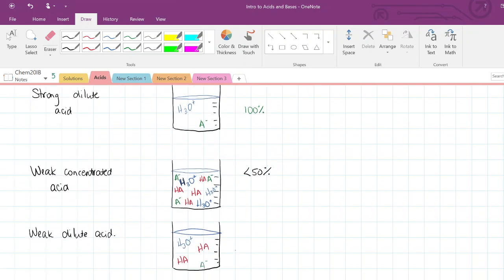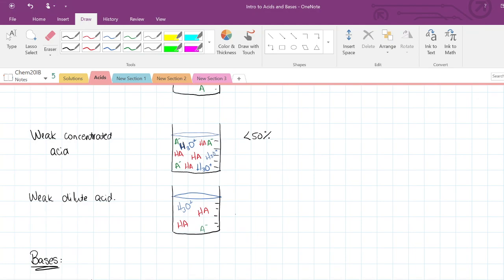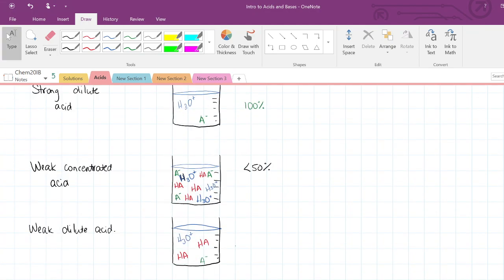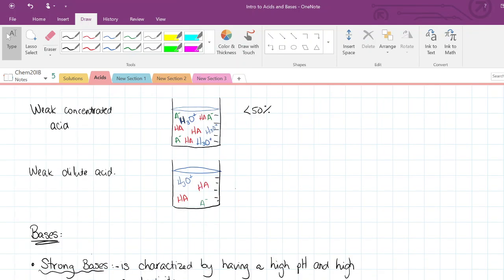Now the weak concentrated acid, if you notice here, we've got hydronium, yes, we've got anion, but we also have our molecule, our HA molecule, right? Here's our molecule, which means a weak acid.